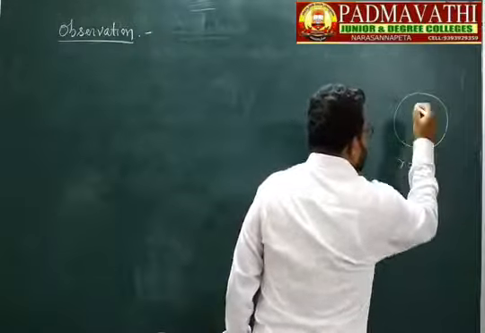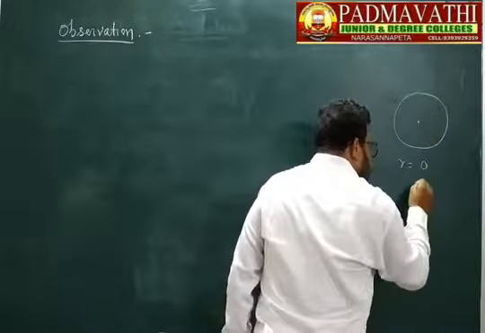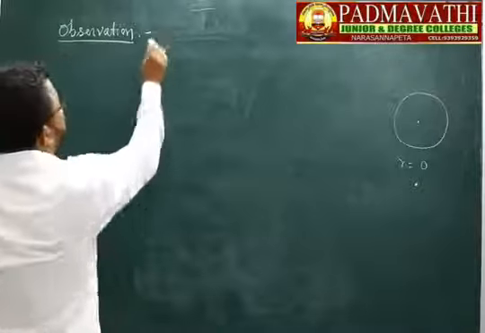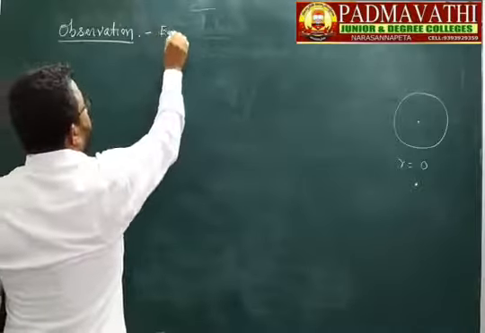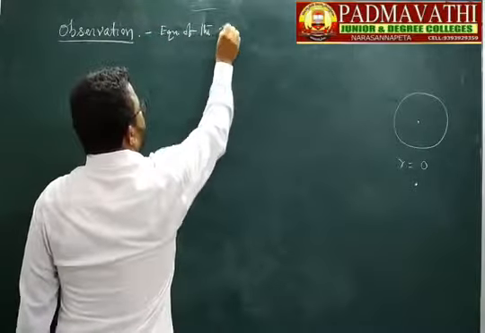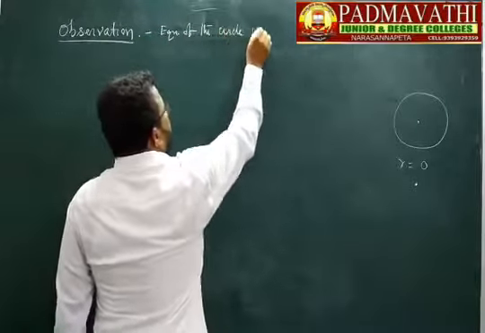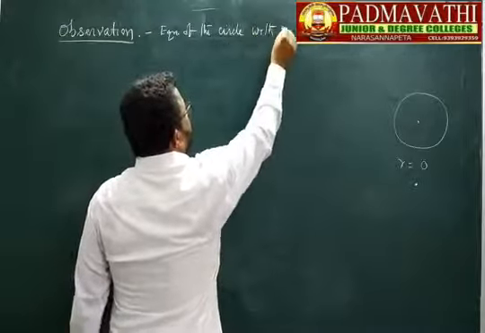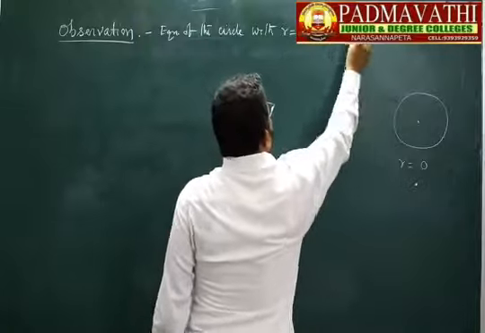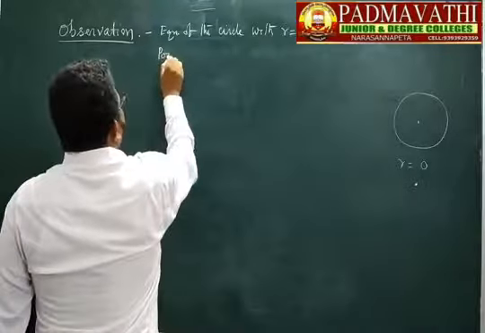The radius is 0 at this center, therefore this is called a point circle. Therefore, observation 1: the equation of the circle with r equal to 0 is called a point circle.